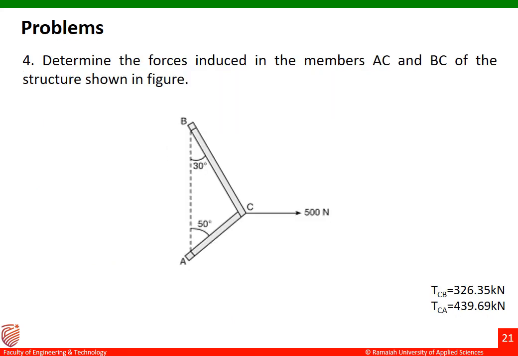Problem number 4. Determine the forces induced in the members AC and BC of the structure as shown in the figure. Let me draw the free body diagram for the same figure.